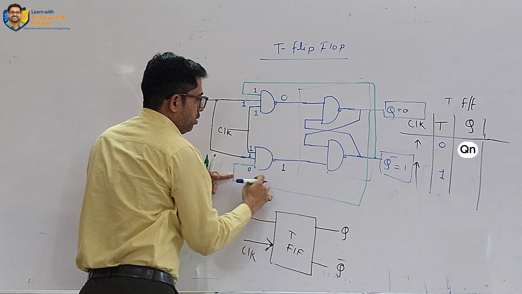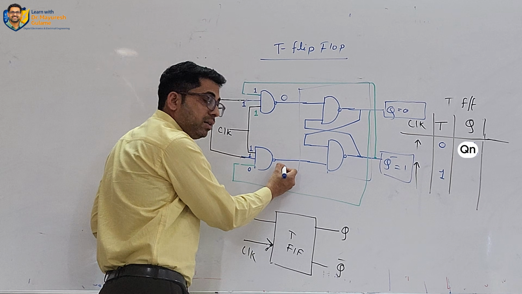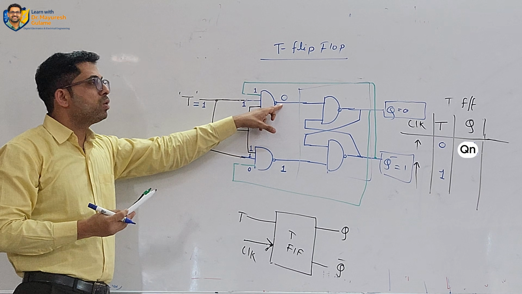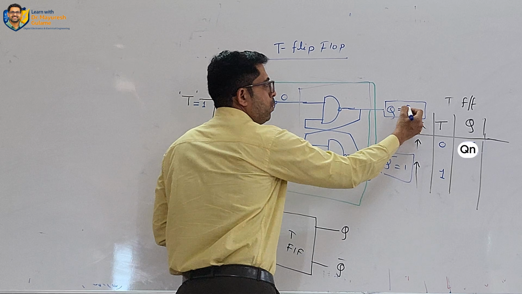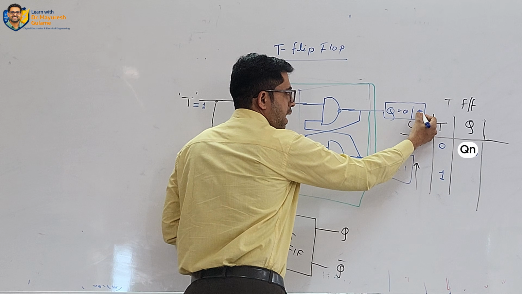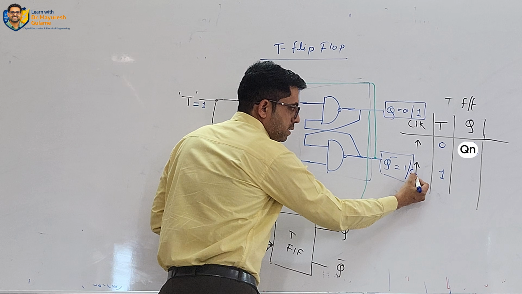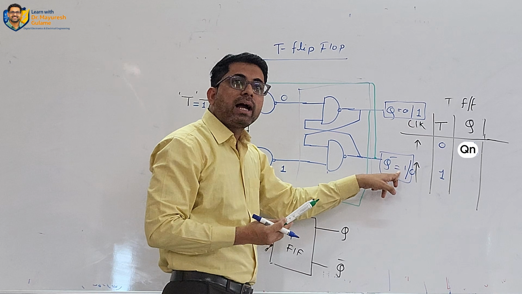Assume that this one is 0 and this one is 1, so this output will be 1 and that one will be 0. And if the inputs for the latch are 0, 1, what is the output? 1. So my Q has become 1, and Q bar has become 0. Then the 0 and 1 inputs give 0.